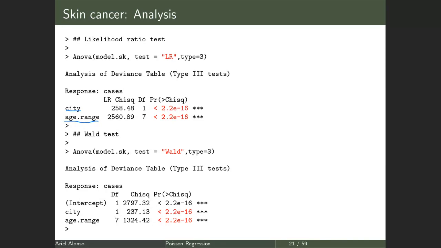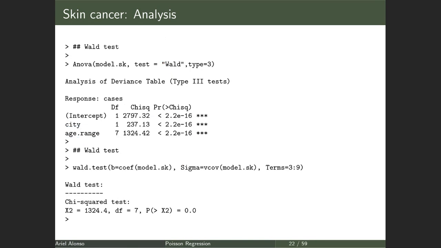And as you can see, if you use the Wald test, you again get the same type of results: highly significant effect of city, highly significant effect of age. Now, the Wald test you can do in 2 different ways. You can do it using the ANOVA function, and in that case, if you pass your model and ask for the Wald test type 3 sum of squares, you get immediately the effect for the whole variable age range.